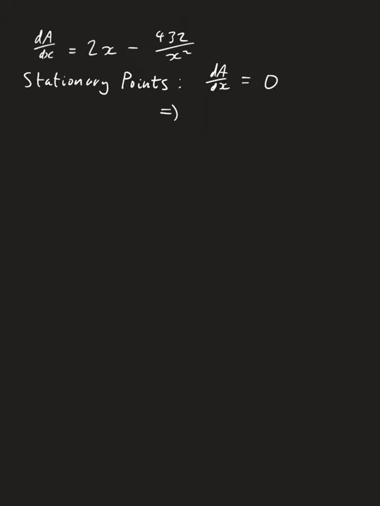So next I find my stationary points. Those are the points where dA/dx is equal to 0. So that means 2x minus 432 over x squared is equal to 0, or 2x is equal to 432 over x squared, or x cubed is equal to 432 divided by 2.